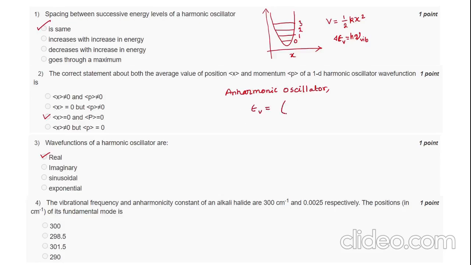It is something like (v plus half) times the vibrational wavenumber, minus (v plus half) squared times xe times the wavenumber. v is the quantum number. Right now I am writing it as a wavenumber so that I can have the unit of centimeter inverse, so don't be confused with that.